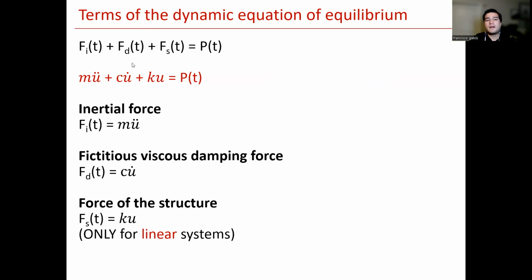So let's simplify this equation to make it a single degree of freedom, right? How would this equation of motion look? The inertial term is just the mass multiplied by the acceleration of that degree of freedom. One way to simulate damping is using a viscous assumption, where we have the damping force proportional to the velocity of the motion.